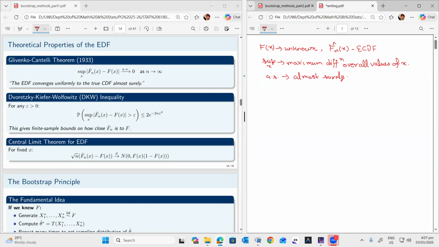For example, if we take a real life example, suppose I want to estimate the income distribution of people in Trinidad and Tobago.